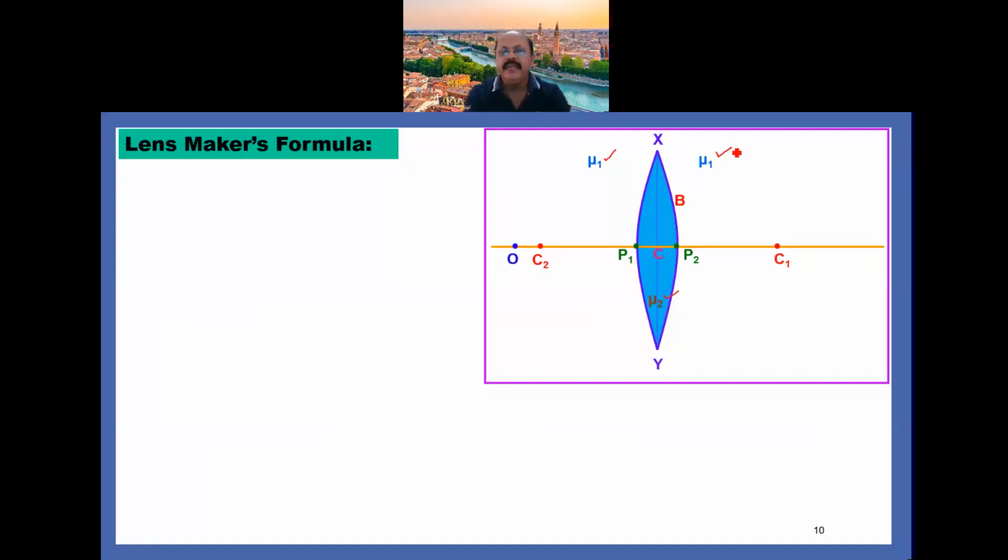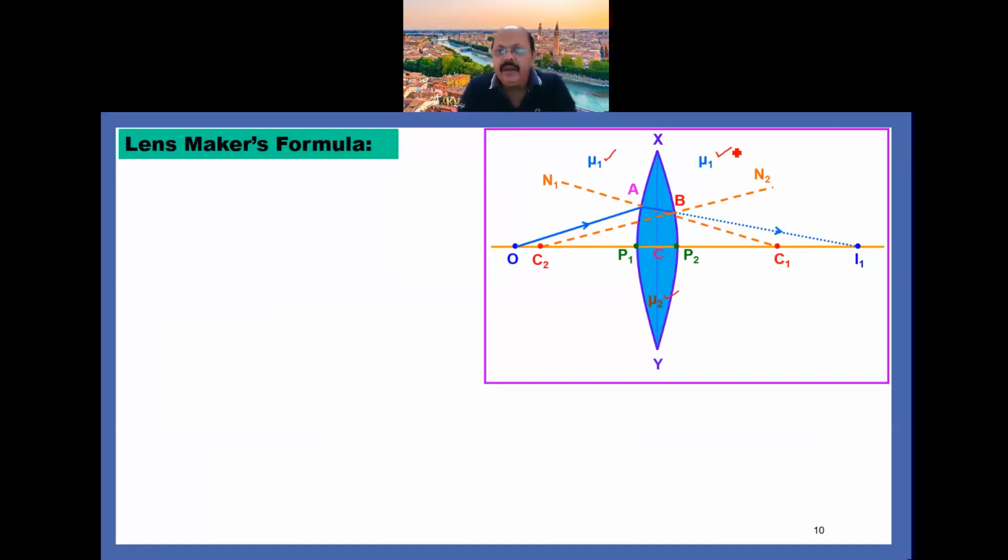Now a point object we have taken at point O, then a ray incident along OA gets refracted along AB, since the lens is very thin.